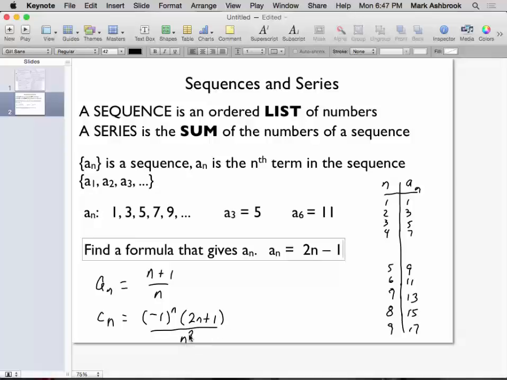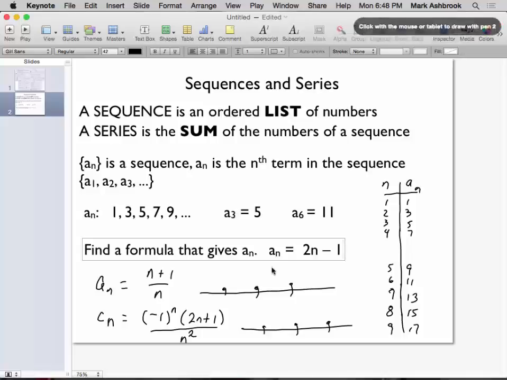So what I want you to do is write out the first 4 terms of each sequence. So let's just call this B. I already did A, just leave it there, it's fine. So figure out what the first 4 terms of each sequence are.